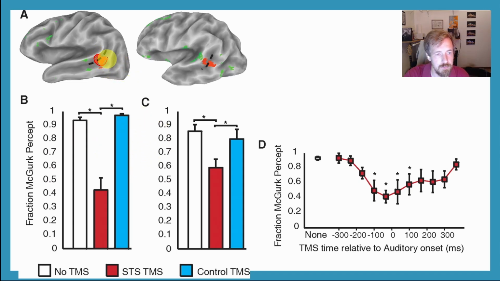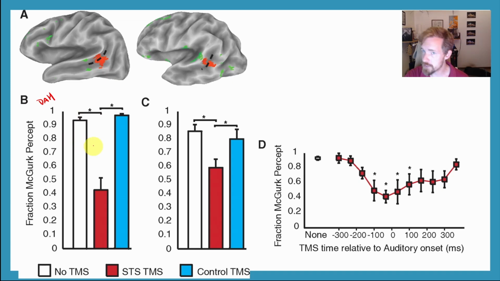So this area, the superior temporal sulcus in the temporal lobe. There's so much data here. I've got to unpack it all. So the white bar right here is the control condition essentially, where they did not apply any transcranial magnetic stimulation, and you can see on the y-axis how often they perceived that third syllable that wasn't actually there, that da, that fusion of the visual and the auditory means.